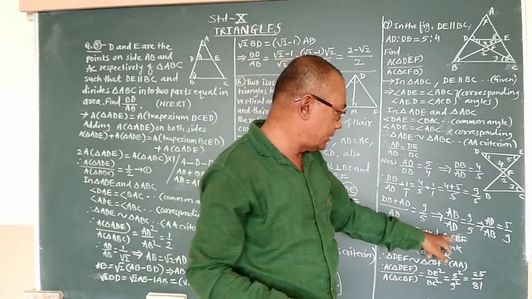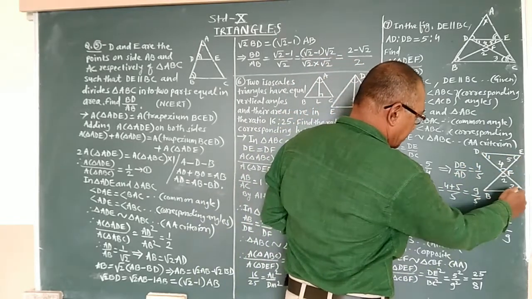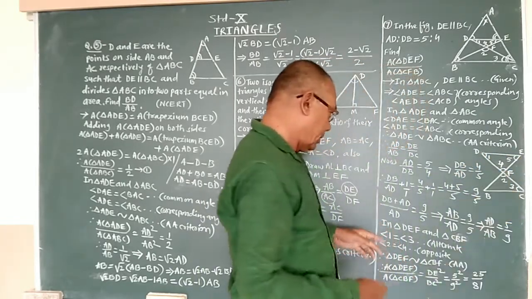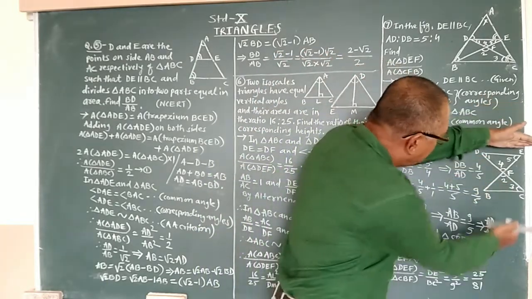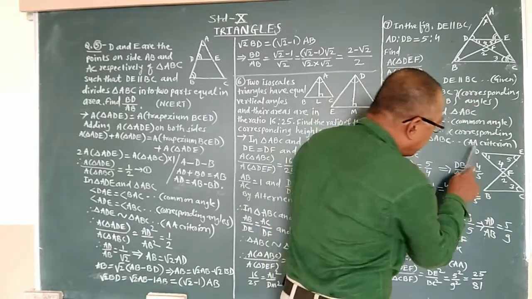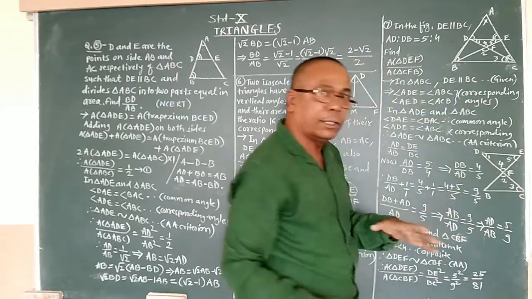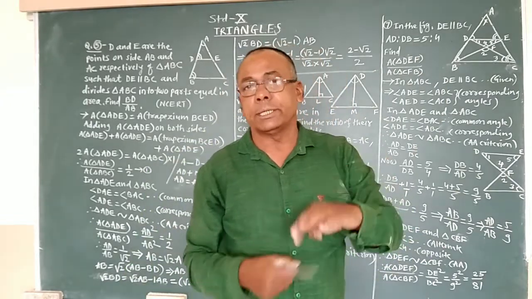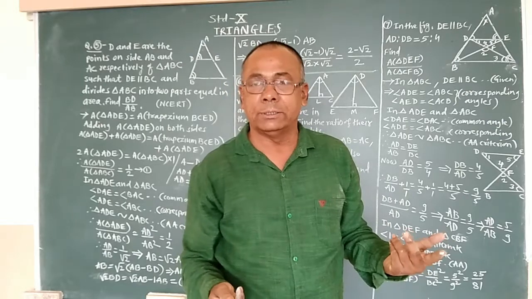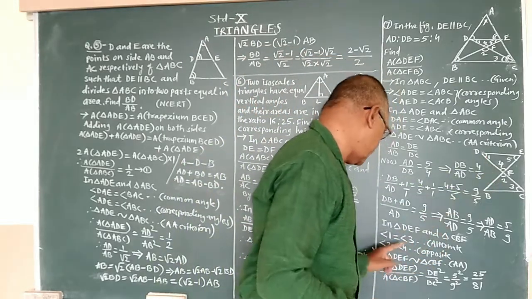And now in triangle DEF and triangle CBF, here DEF and CBF. Angle 1 and angle 3 are equal because these two lines are parallel and DC is the transversal. So 1 and 3 are the alternate angles, and alternate angles formed due to the transversal of the two parallel lines are always equal. Therefore, angle 1 equal to angle 3.